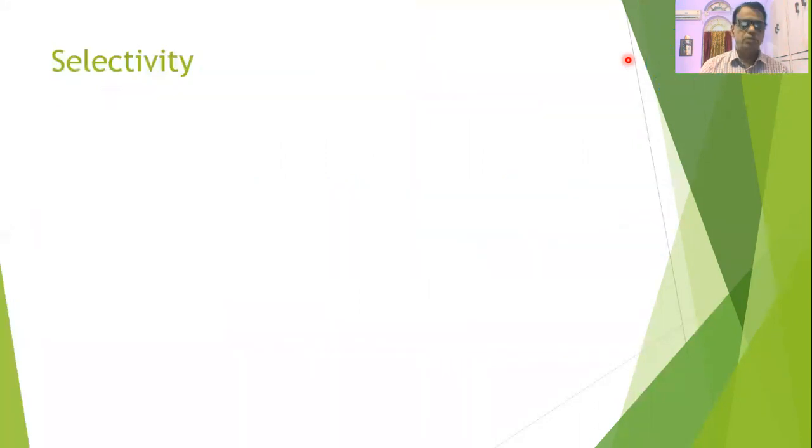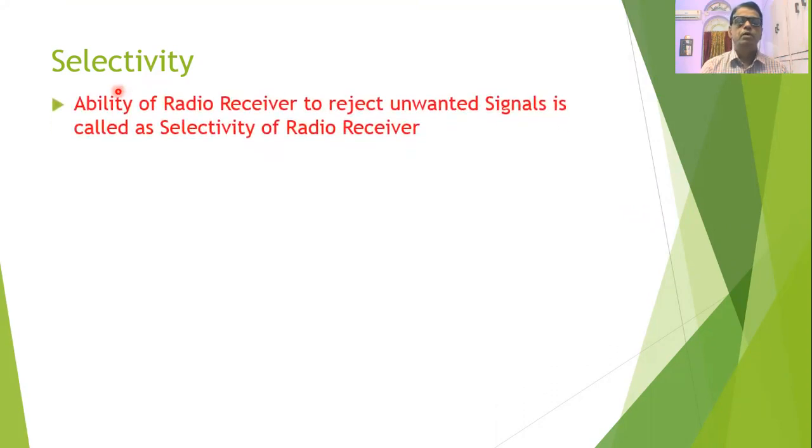So let us start the session with what we mean by the selectivity of the radio receiver. We know that a radio receiver is used to select an input signal, and whenever the signal is being selected, it is expected that it should produce a proper output for the selected signal. The ability of the radio receiver to reject the unwanted signal is called the selectivity of the radio receiver.